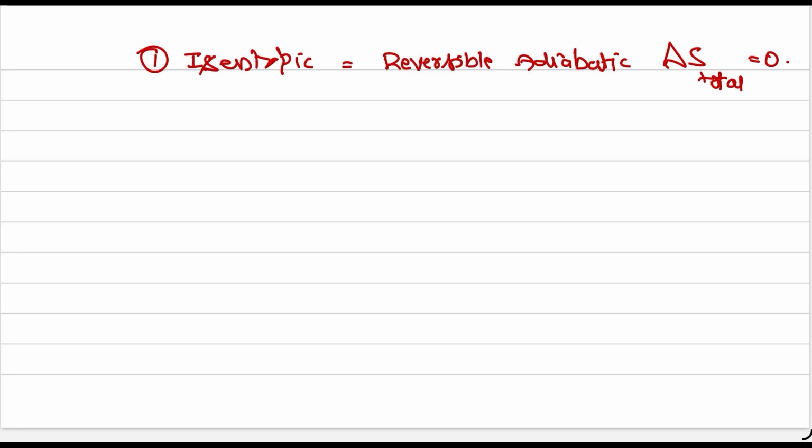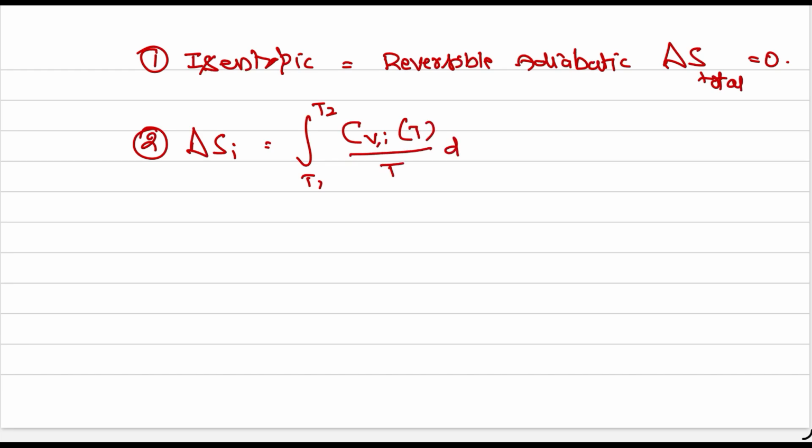Then the most important equation which we have used is delta S is equal to integral T1 to T2 CV(T) divided by T dt plus R into ln V2 by V1. Very important equation.